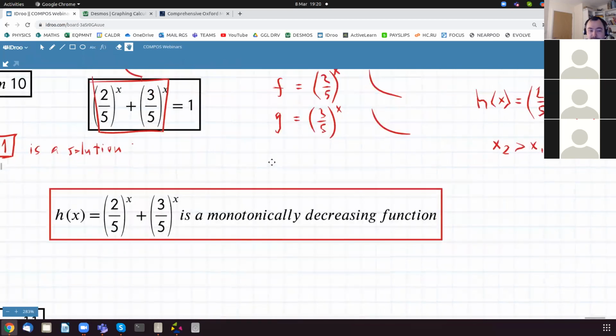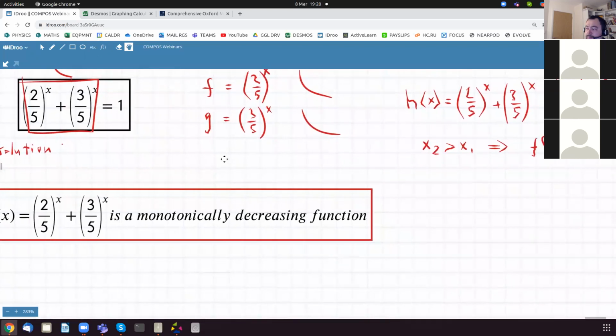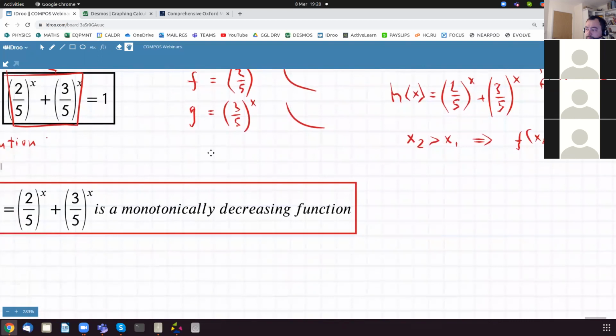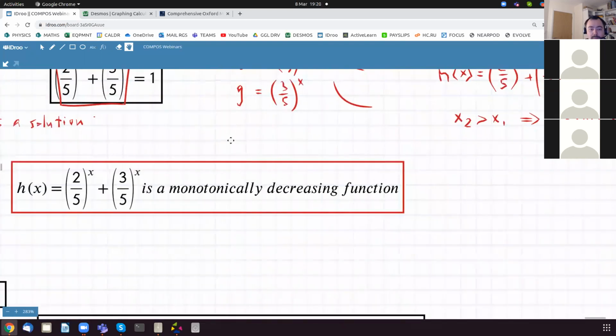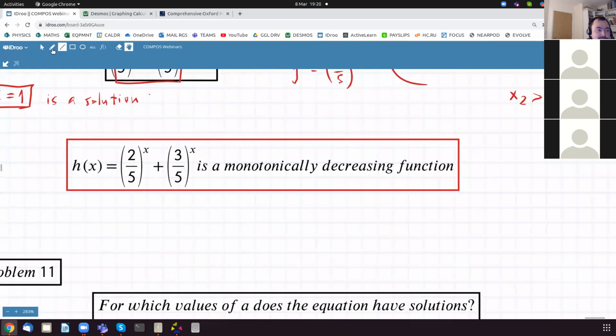All monotonic functions are one-to-one. Not all one-to-one functions are monotonic. I'll clarify this. It's a monotonically decreasing function, so it's sloping downwards.